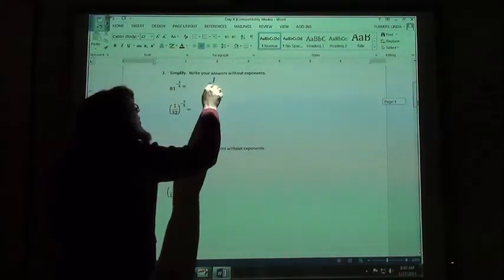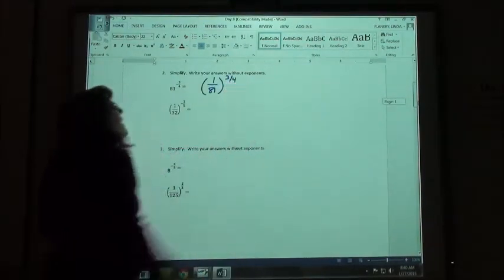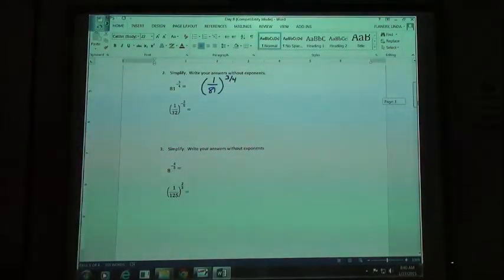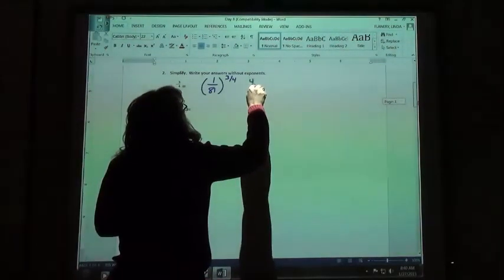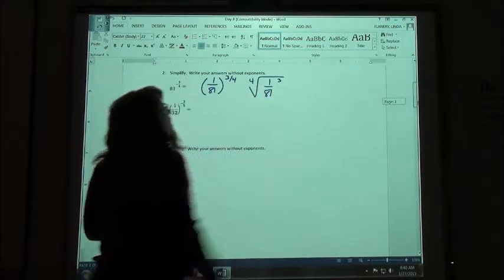So I'd write it as 1/81 to the positive 3/4 power. Exactly. Now I can simplify it once my exponent is positive. So rewriting that as a radical, I'm going to have the 4th root of 1/81, and then I'm going to cube that answer.